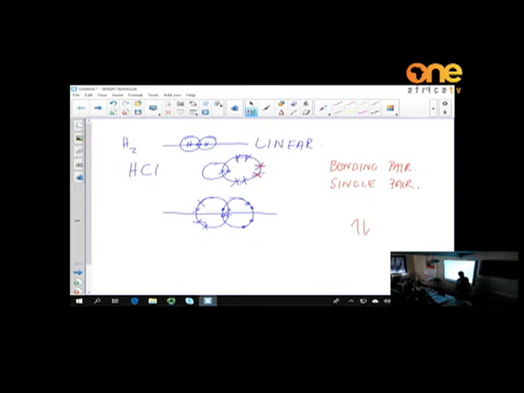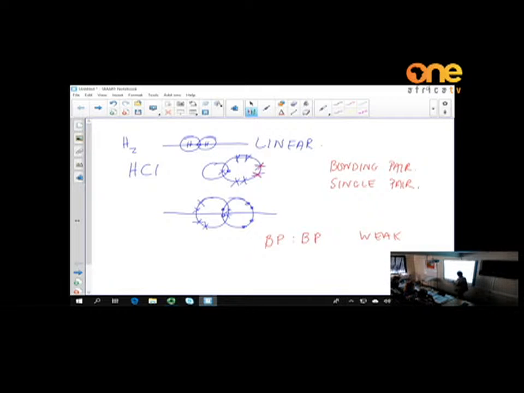Now, when I have bonding pair repulsion, it is very weak. No, sorry, single pair. Sorry, bonding is weak.